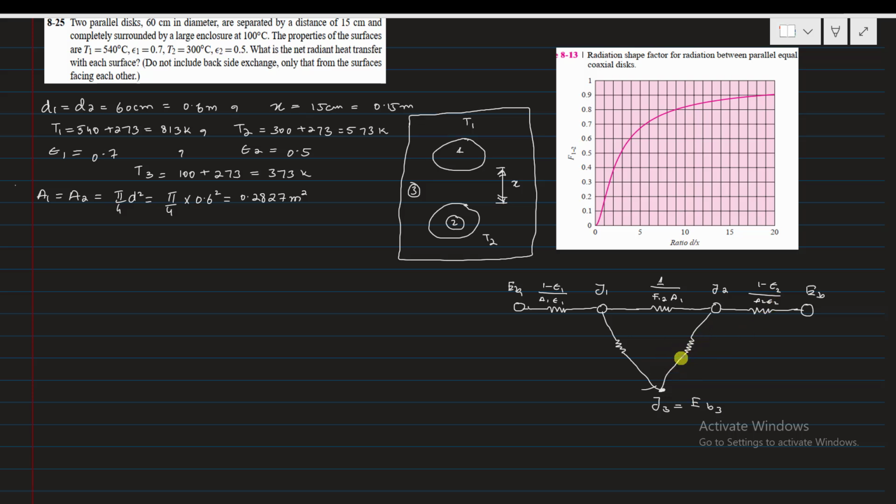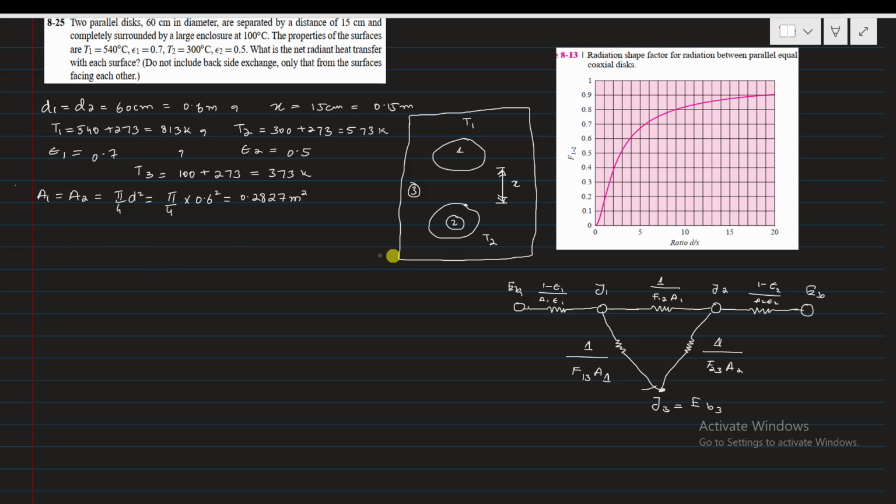This is again the space resistance between J2 and J3, so it will be equal to 1 divided by (F23 times area A2). And again this is J1 to J3, the space resistance, so that will be equal to 1 divided by (shape factor F13 times area 1). So area 1 and area 2 are determined from this formula.